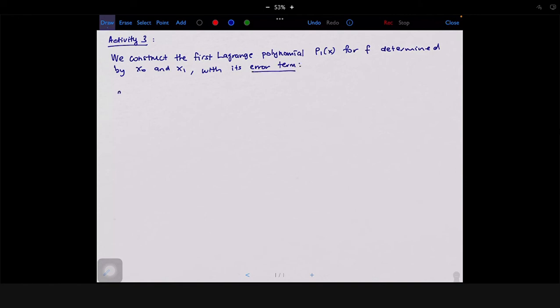So which is f(x), an approximate function. P1 is the Lagrange polynomial involving x0, x1, plus the error term.